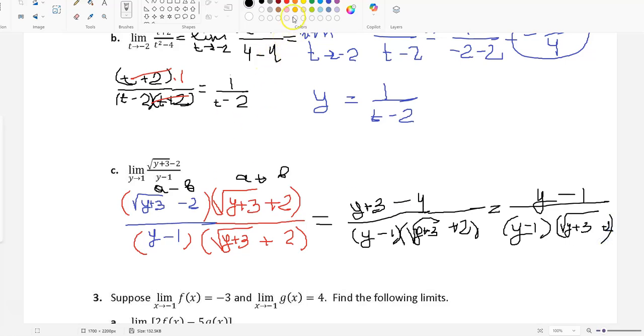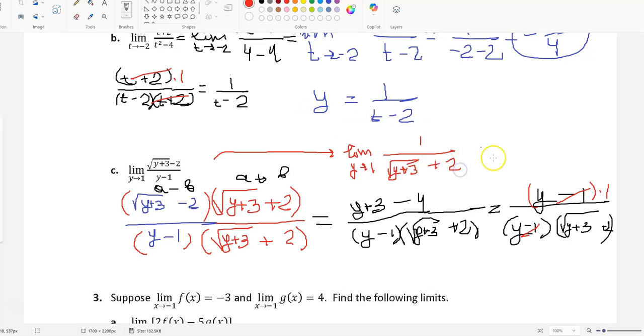So once we reduce this, we again have 1, because it could be written like so, times 1. So 1 over square root of y plus 3 plus 2. So we continue from this limit, and we have the limit as y approaches 1 of 1 over square root of y plus 3 plus 2.